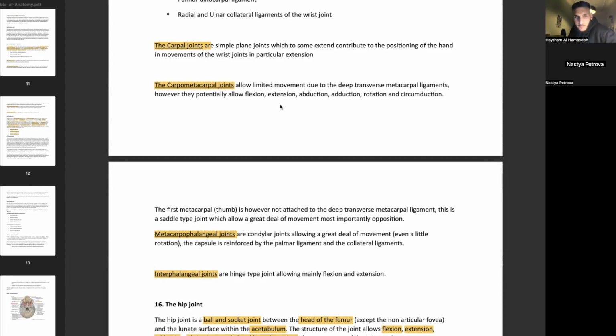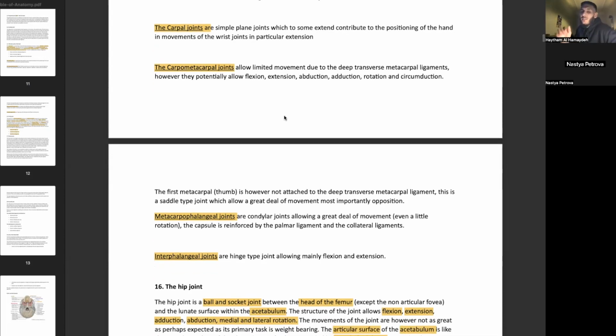And then you have metacarpophalangeal joints between the metacarpal bones and the proximal phalanges. And then interphalangeal joints between proximal, intermediate, and distal phalanges.